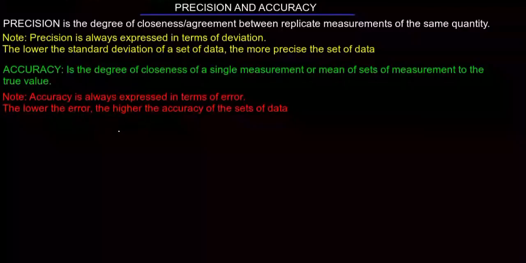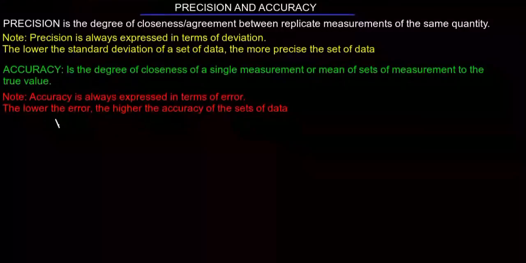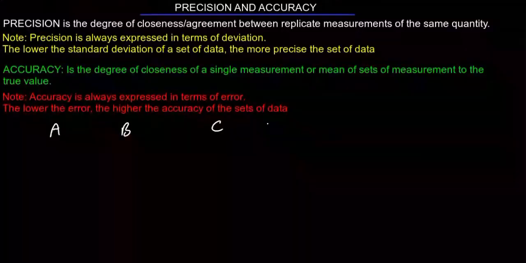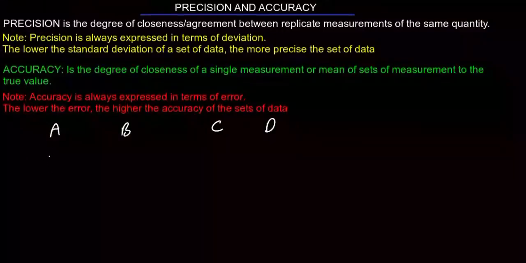Let's take an example to understand this very well. Let me take for instance that I have 4 students, students A, B, C, and D. Student A took replicate measurements and obtained 10.01, 9.98, and 10.02.